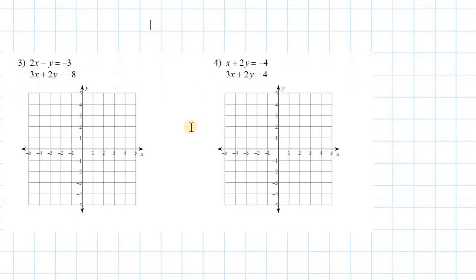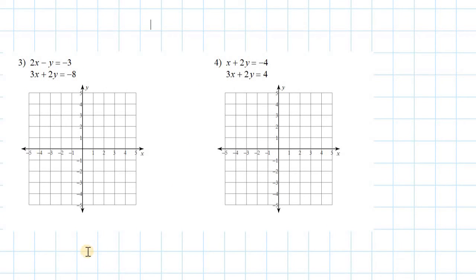Okay, so both of those examples were when the equations are in slope-intercept form. Let's look at 2 examples where the equations are in standard form. So here, in order to graph in standard form, remember there's lots of different ways you can do it. One of the easiest ways is to change it to slope-intercept form.